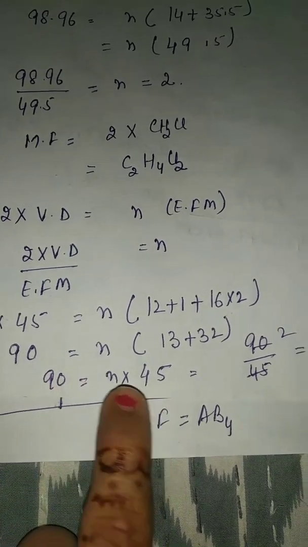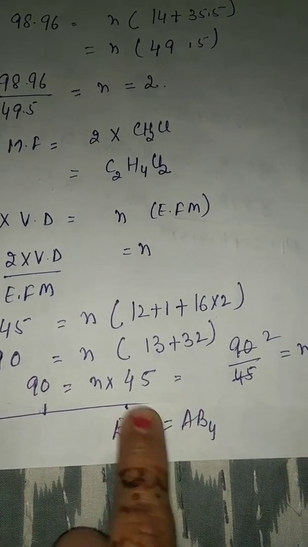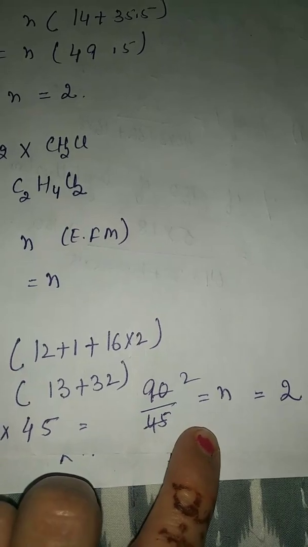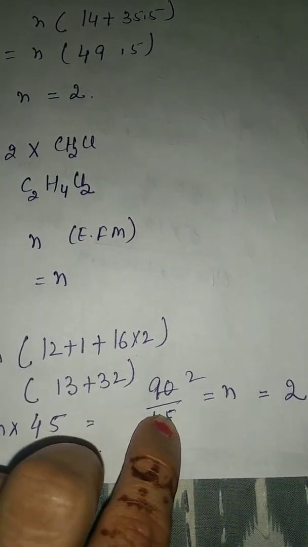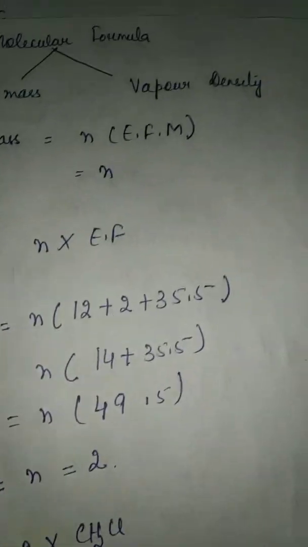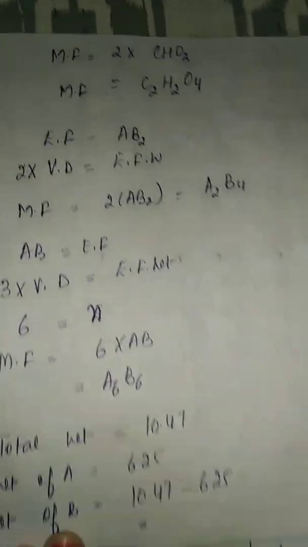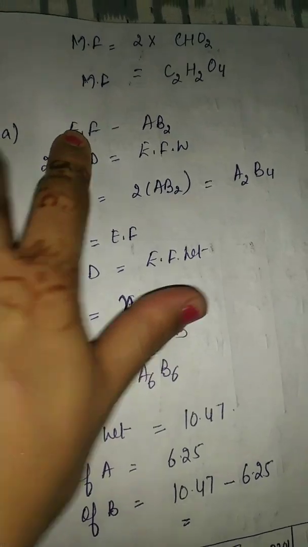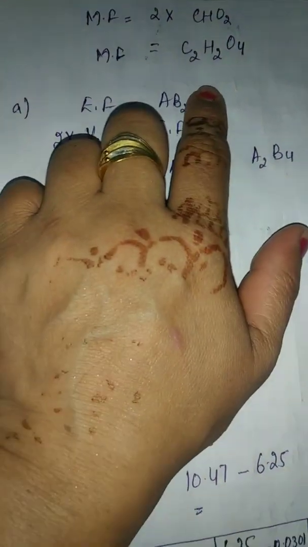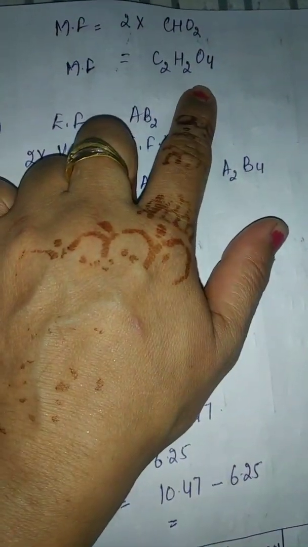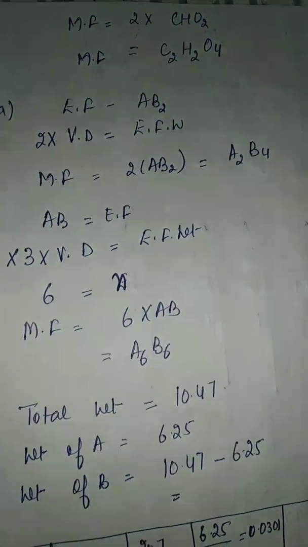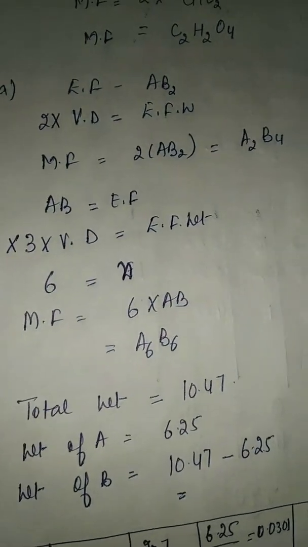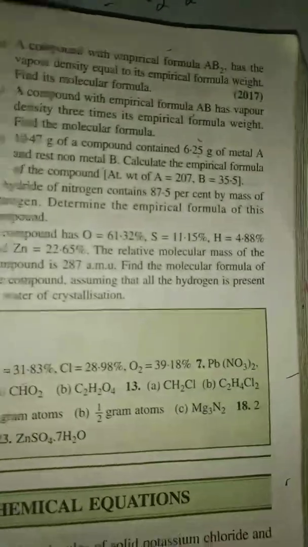So 90 is equal to n into 45. From here we will find out the value of n. 90 divided by 45, which comes out to be 2. So we will multiply 2 with empirical formula, that will give us molecular formula which is equal to C2H2O4.